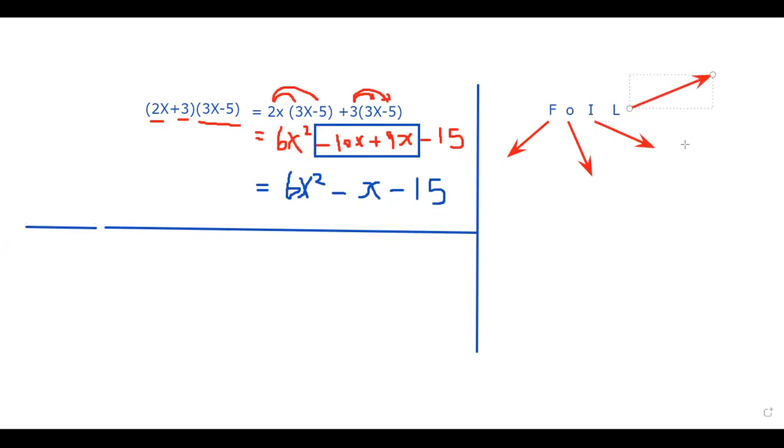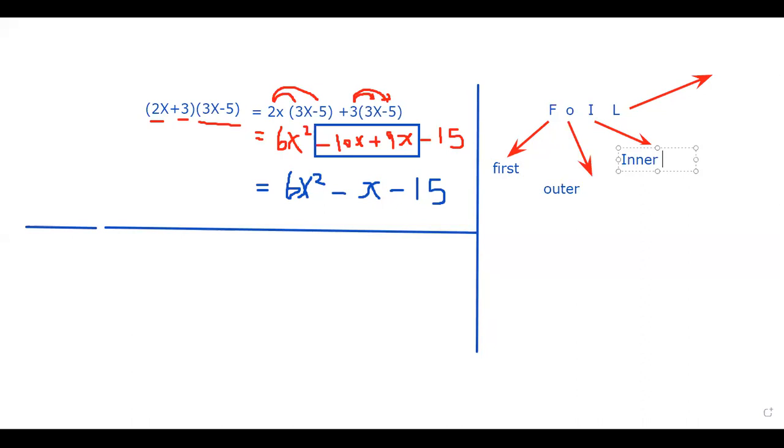Anyone know? I think F is for first, O outside, and I inside. Yes, very good. So this is first, and O is outer, and I stands for inner.